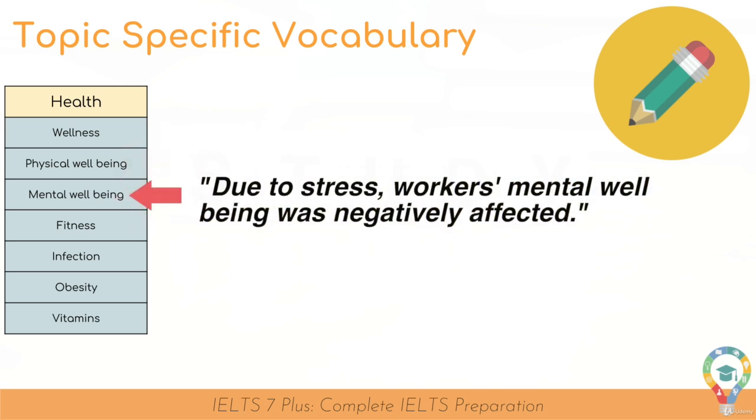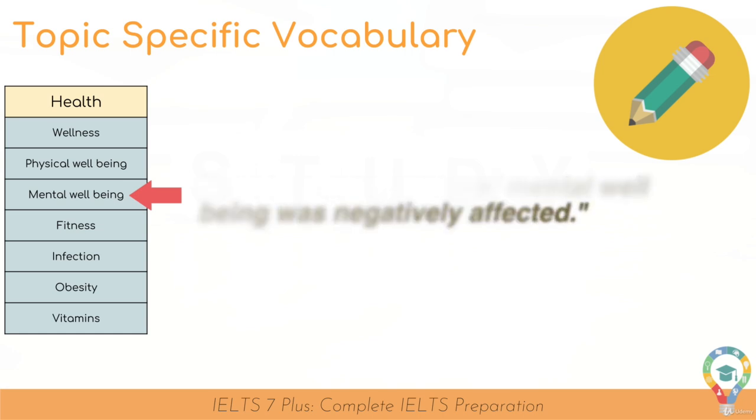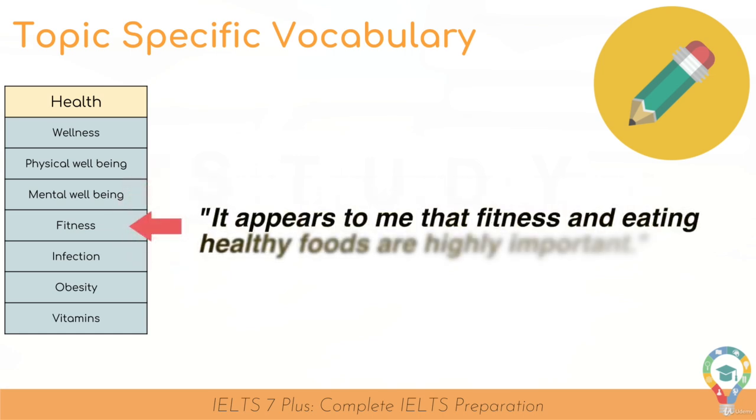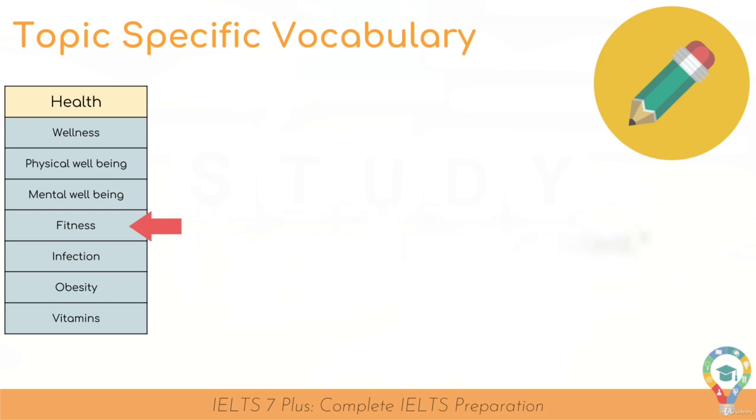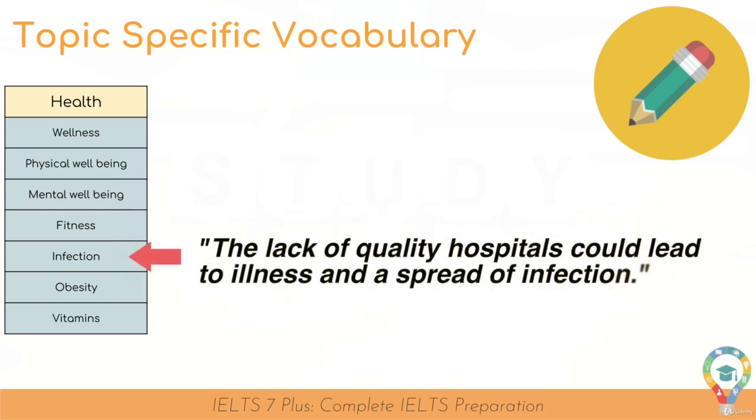Due to stress, workers' mental well-being was negatively affected. It appears to me that fitness and eating healthy foods are highly important. The lack of quality hospitals could lead to illness and a spread of infection.